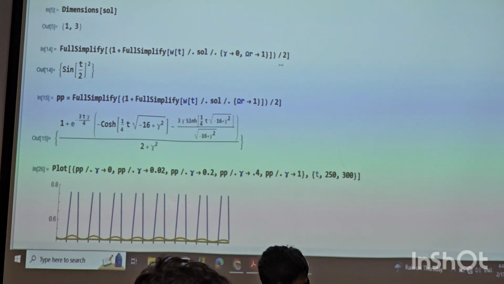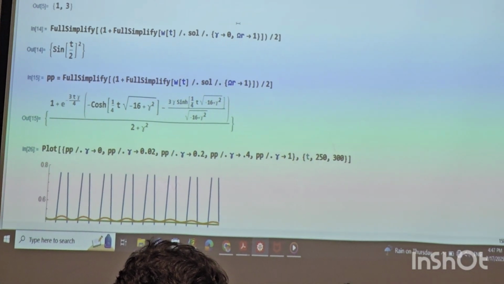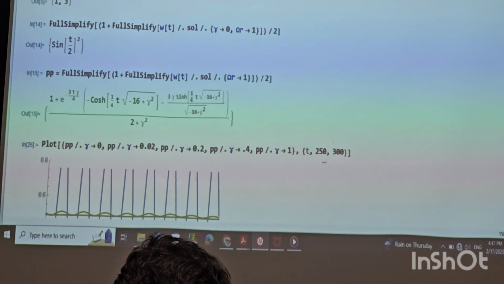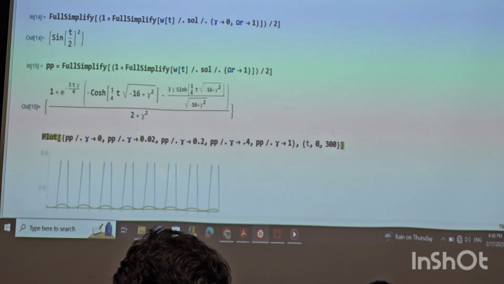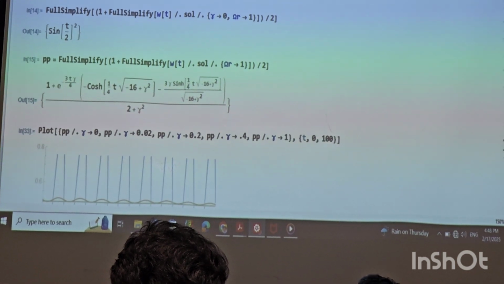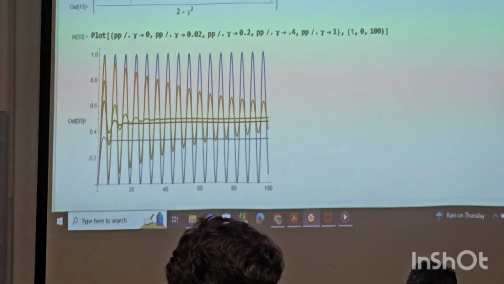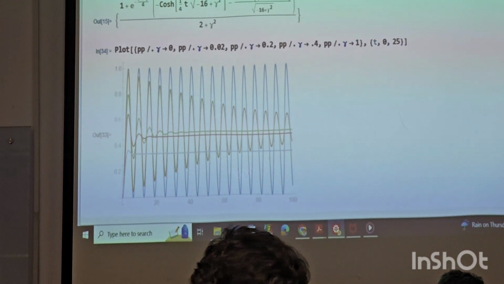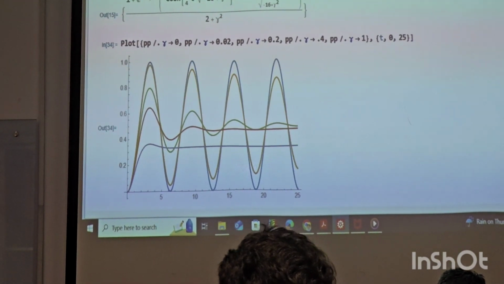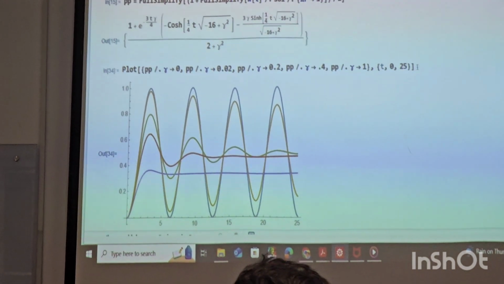And I plot my equations, damping on resonance.